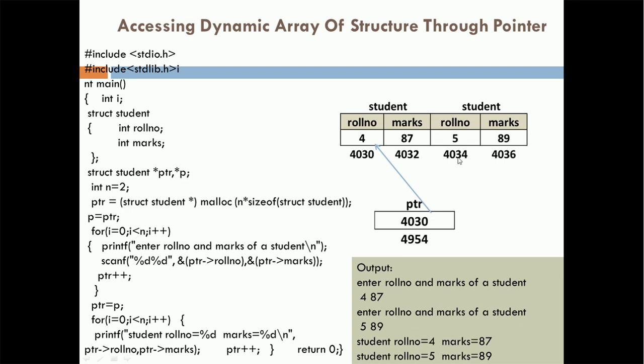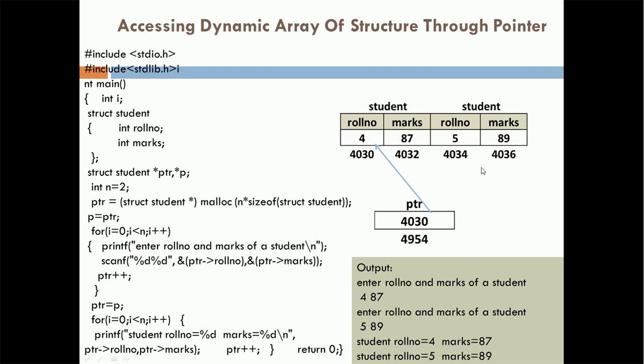For the next 4 bytes the starting address will be 4034, for the roll number field of the second array element, and for marks the starting address will be 4036. Because this is an array of structures, all the elements are stored sequentially, with a difference of 2 bytes here.